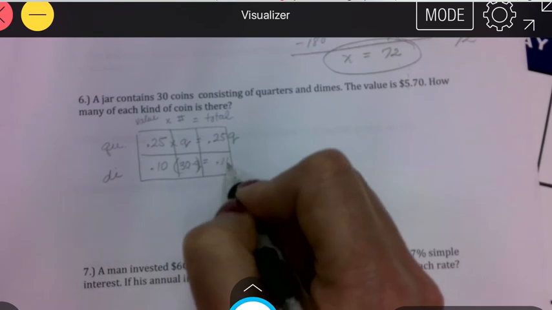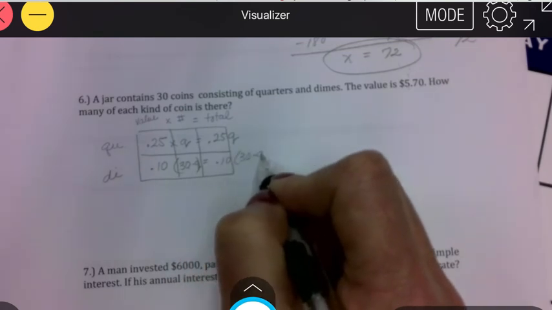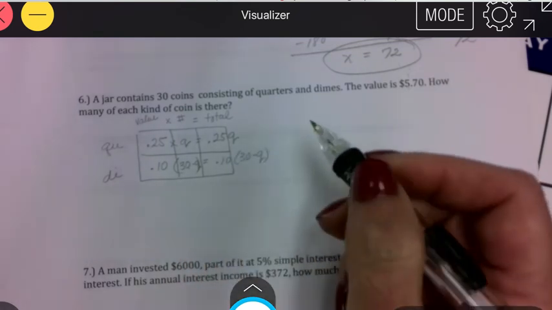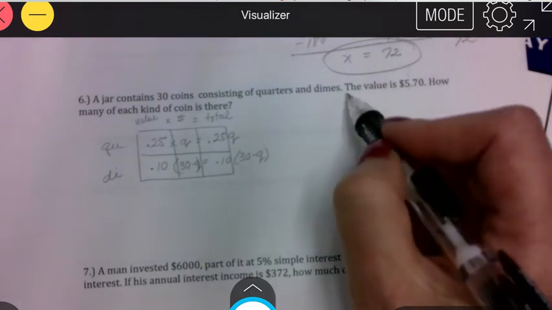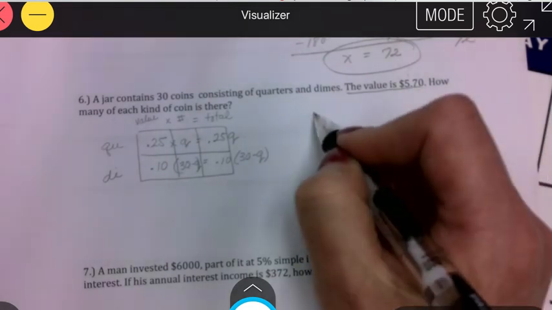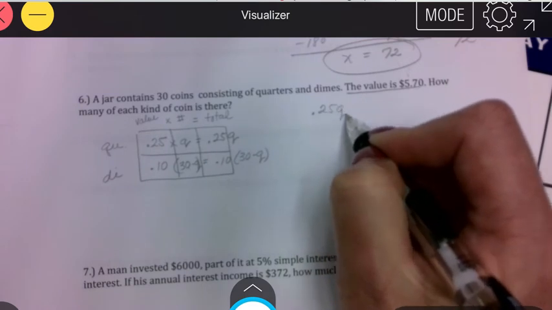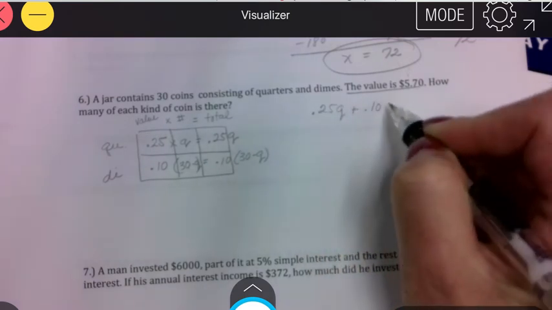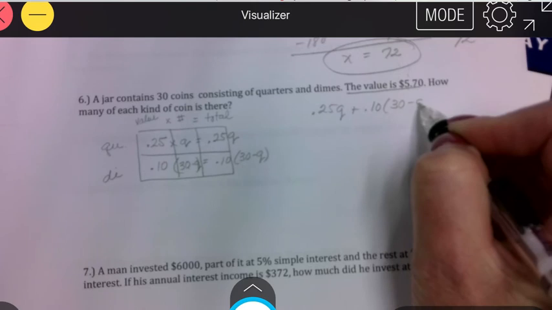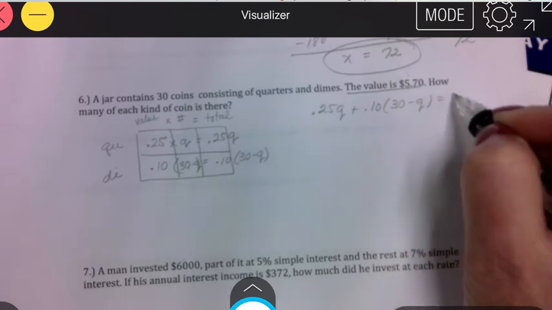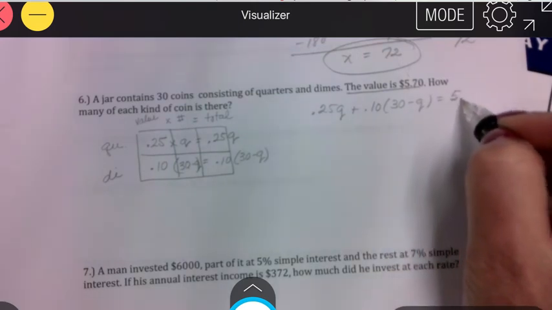So I have 0.10 times 30 minus Q. And just like in problem number 3, it tells us our total value. So my equation is 0.25Q plus 0.10 times 30 minus Q is equal to $5.70.